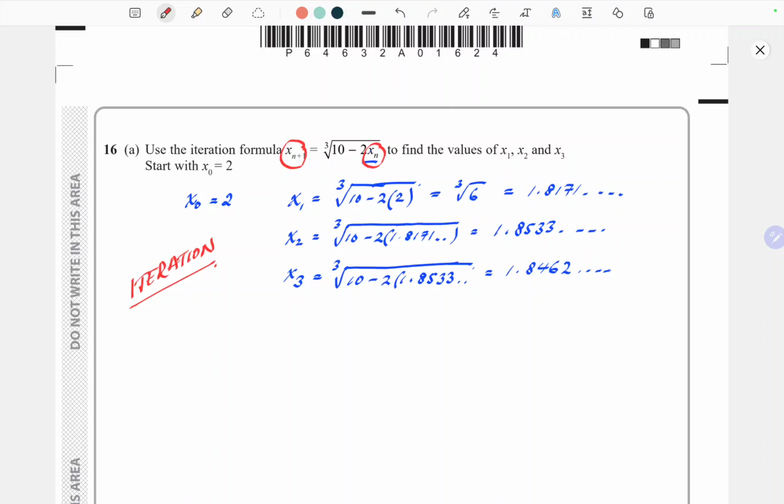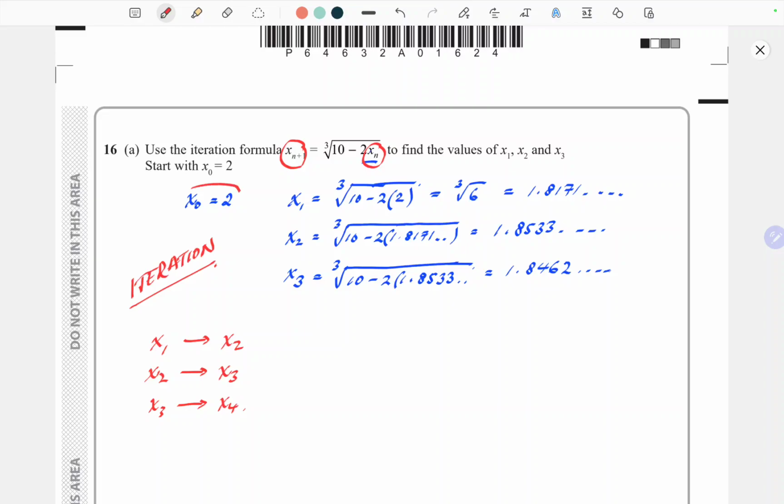So in other words, if I have x1, I can use it to get to x2. Once I've got x2, I put it back in the formula to get x3, and so on. I could go on if I wanted, all right? And so the formula helps get the next number by knowing the previous one.